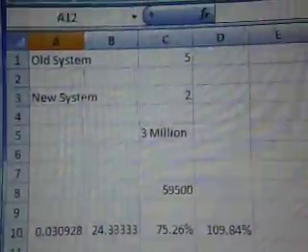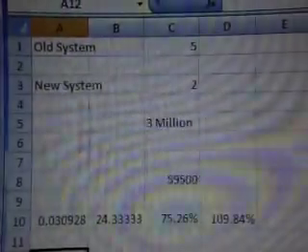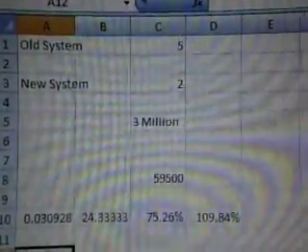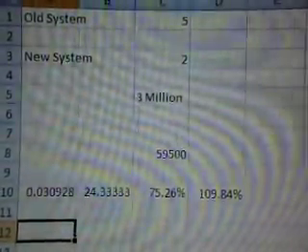Okay, same page 682. Please read through problem 16-4.